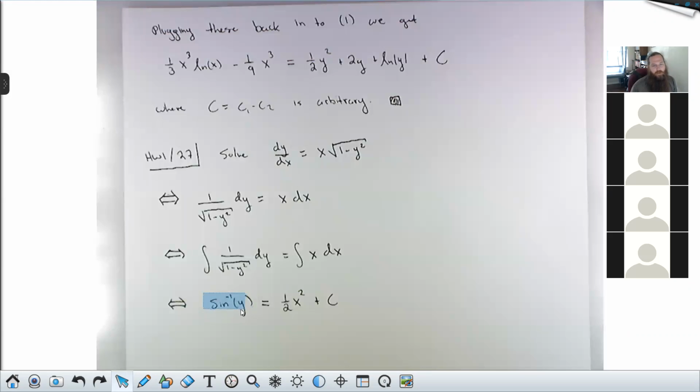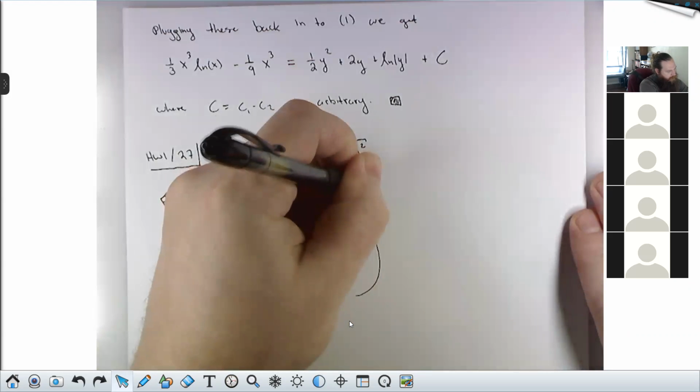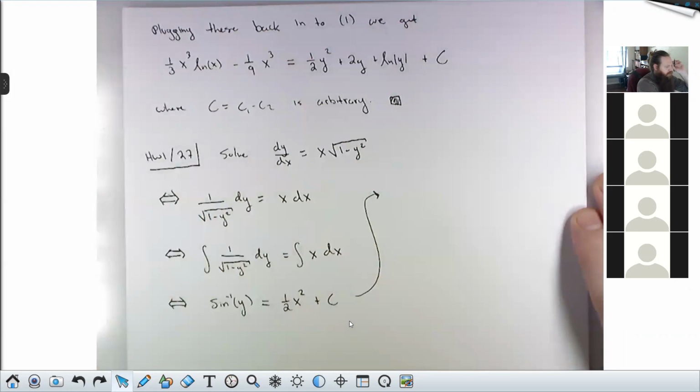And what's more, the domain of the inverse sine function is somewhat restricted. So if I take this expression and rewrite it in terms of the normal sine function, I'll have a solution to the original ODE over a larger domain.